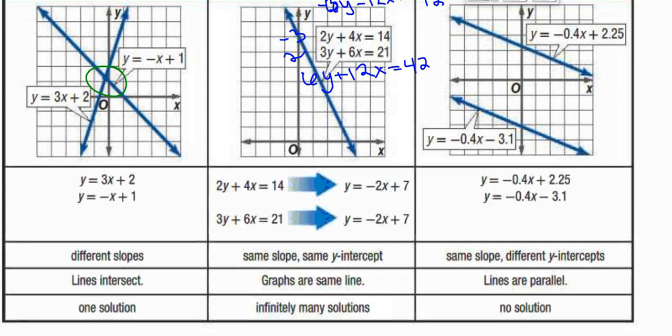So, consistent, okay, here's what you need to know. Think about the words consistent and inconsistent. They're kind of opposites, and consistent means there is an answer. Inconsistent means there's no answer, okay? And then dependent and independent: if they're independent, they're really two different things, but they have a point of intersection.